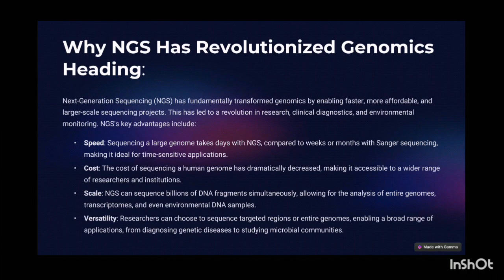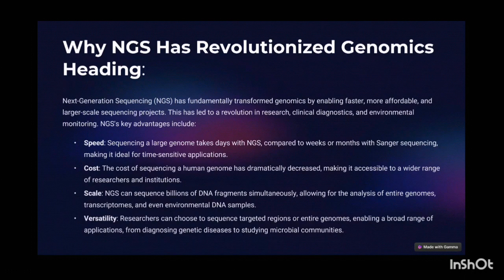So let's say you want to understand the biodiversity of a river. Without catching or observing anything, with NGS you can collect a sample of water and sequence the DNA present in it. The DNA will include traces from all organisms in the river, allowing you to identify the species that are present.